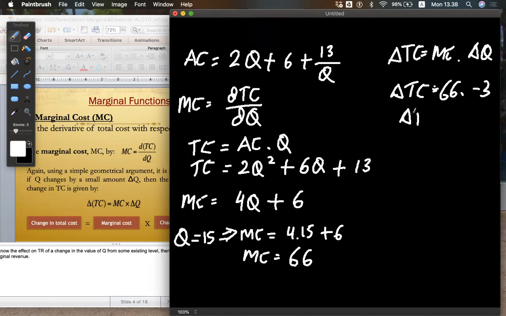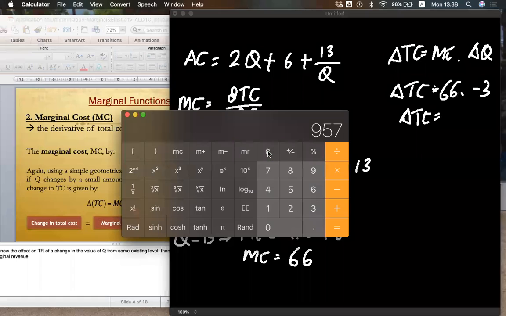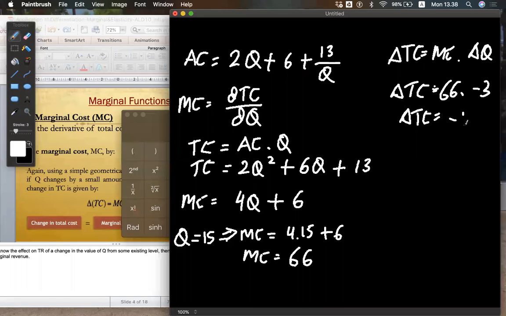So the change of total cost is 66 times minus 3, which becomes minus 198. So this is the estimation.